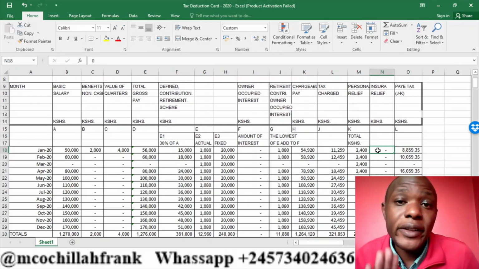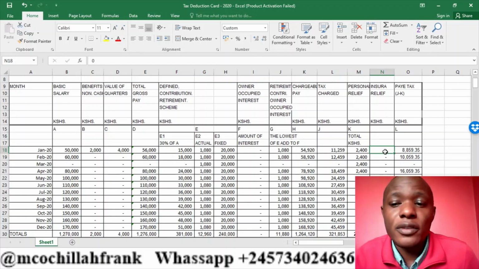That is only if you are contributing to a life assurance. So if you have a life assurance, you are allowed to deduct it there. And you can see we have the pay that you're supposed to pay here calculated automatically.